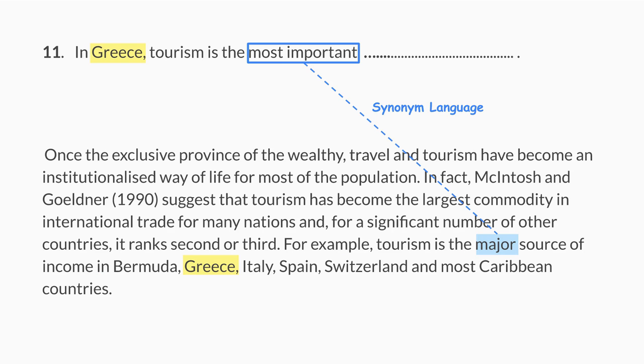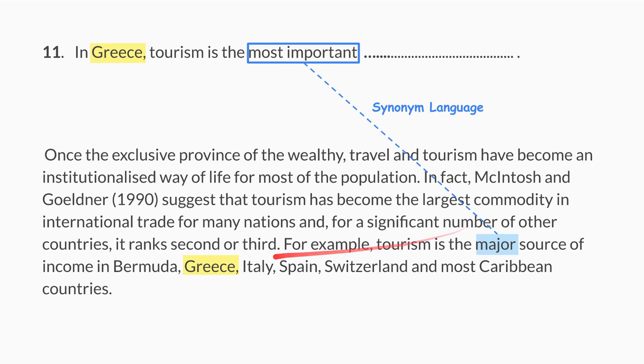So, just to summarize what we have learned so far, you have to start with the easiest questions first and look for the keywords. Once you have located the keywords, then look for the synonym language for the surrounding words.